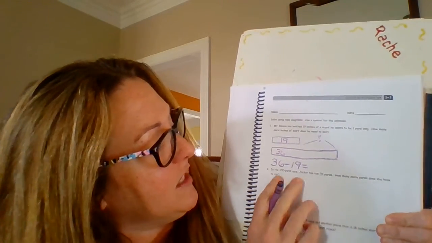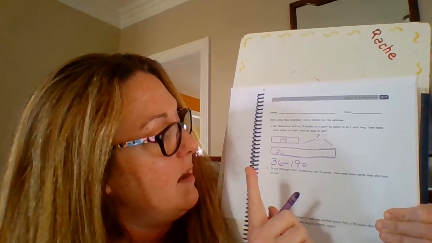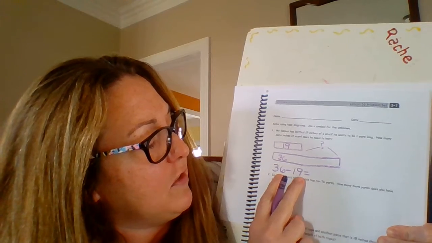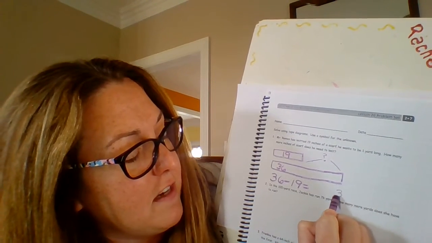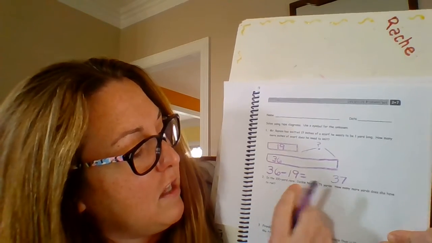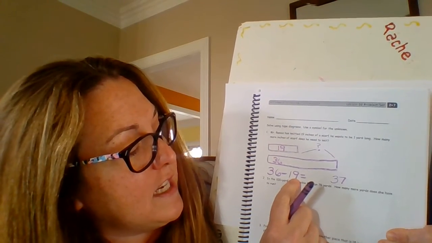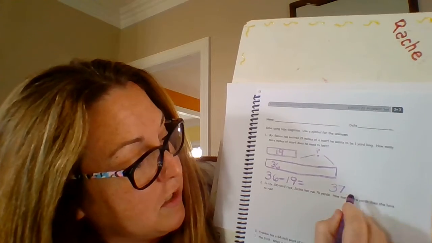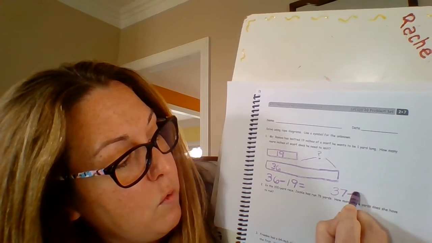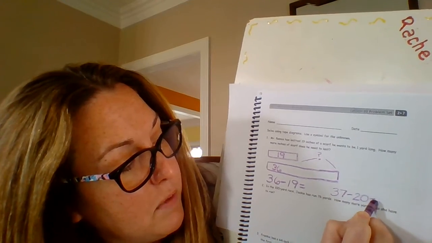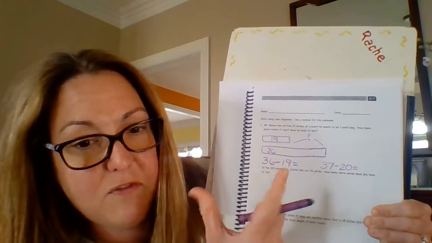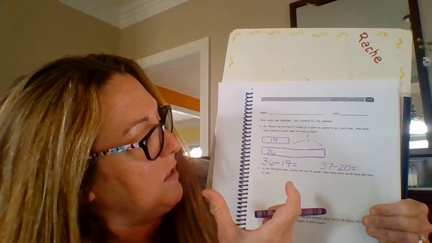So what if we adjust this range by 1? Meaning, what if instead of doing 36, we pretend it's 37? And as long as we adjust the 19 up by 1 more, to 20, we will get the same answer here, because we've kept that same difference, that same range in between those two numbers.